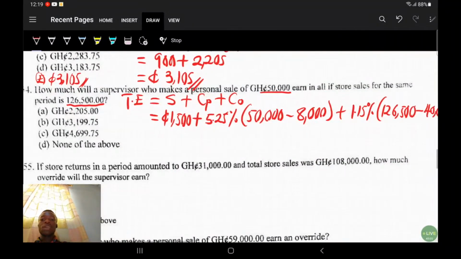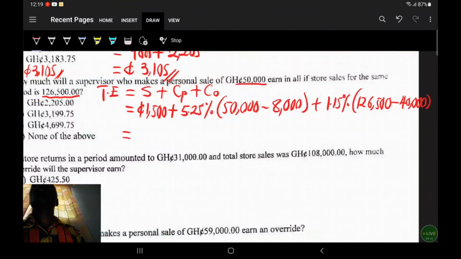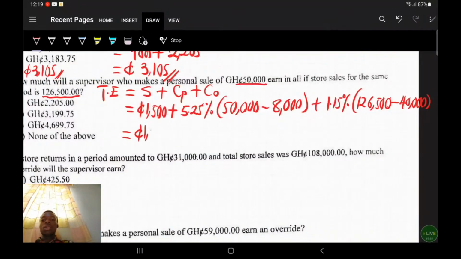So 126,500 for that. So here is going to be 1,500 plus, and the personal commission here is going to give you 2,205 with your calculator. Please, you should be able to get the answers right, so let's do that with the calculator. Once I write the figures there, you also confirm with your calculator so that we get to know what we are doing much better.